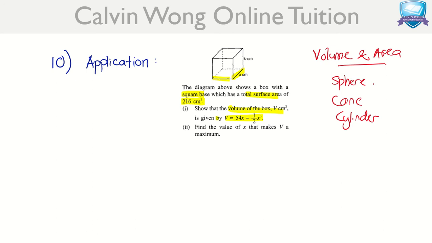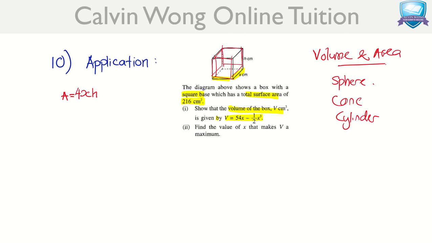Okay, let's start with whatever is given. Area is height times x, x h, and the other side also x times h, and here also x times h. The side behind here also x times h.